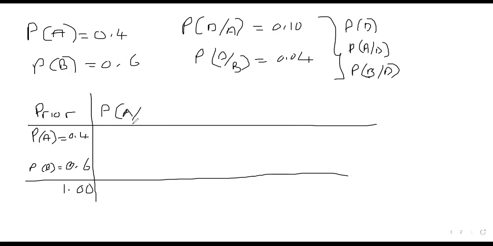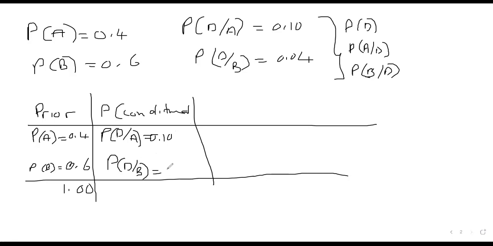So we are told that this is the column for conditional probability. So this is probability of what? D coming from A. What's the probability? 0.10. And here the probability of D coming from B is what? 0.04. So when I multiply these two columns, what we're going to get is what?